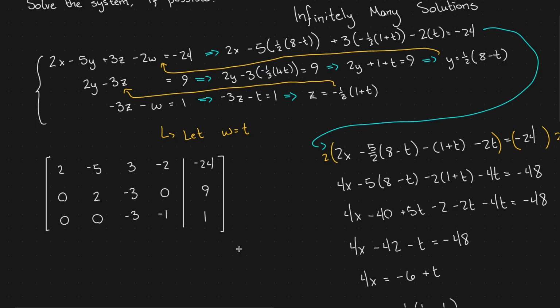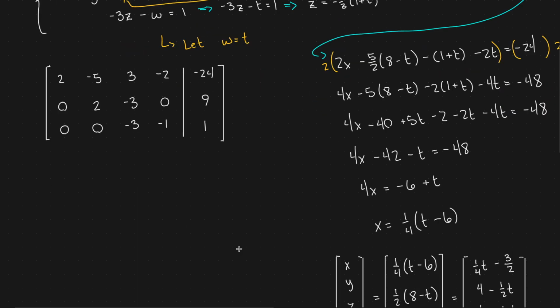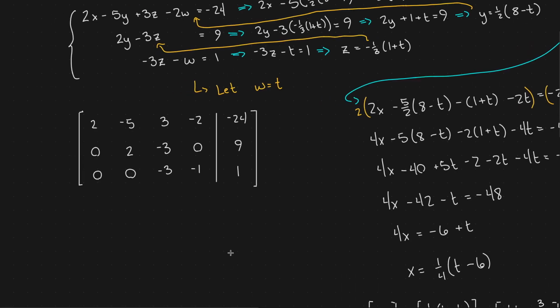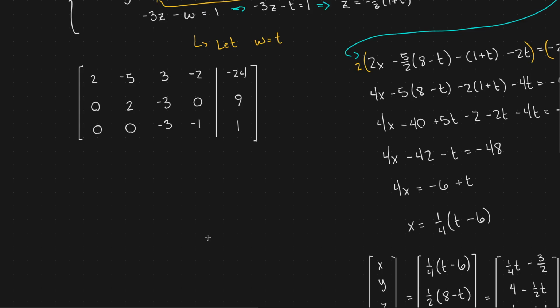Hopefully you think that that was terrible. It's a little better, actually quite a bit better, if we first get our matrix in reduced row echelon form. Okay, so to do that, I'm going to work with each leading term, get zeros above it, and then turn the leading term into a 1.